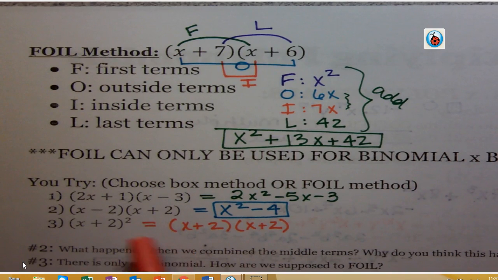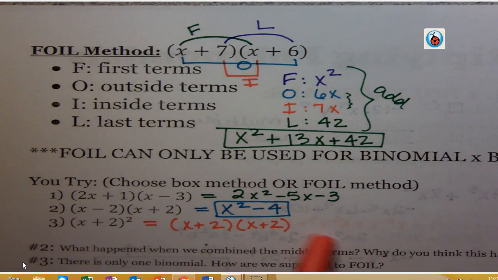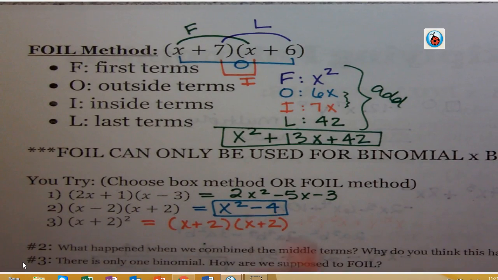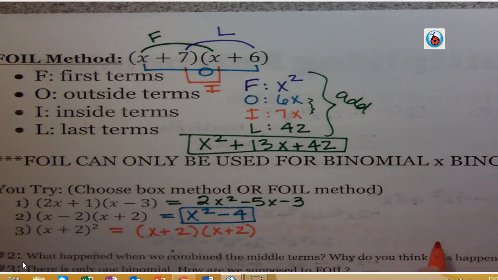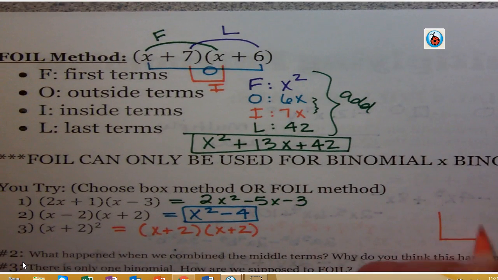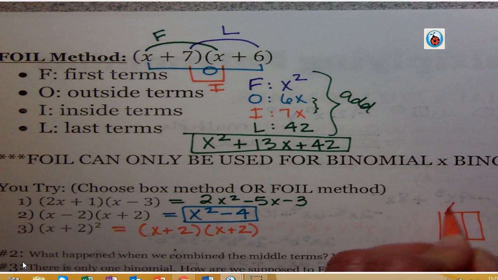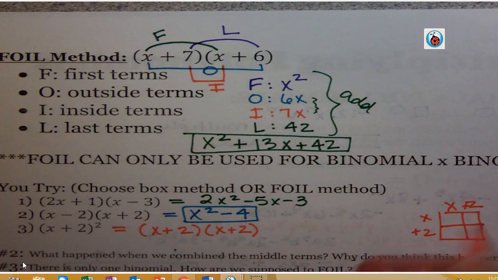Then the last one, I only have one binomial, but it's being squared, which is the same thing as saying that times itself. So if you were going to do the box method, it would look like x plus 2 and x plus 2.